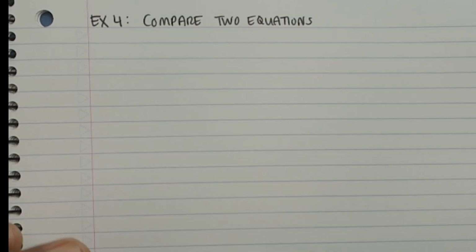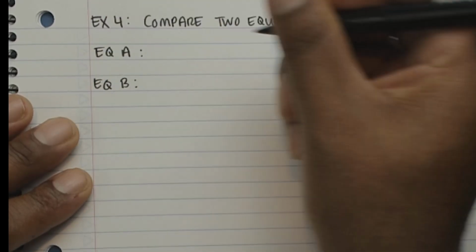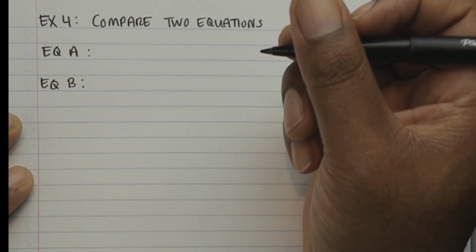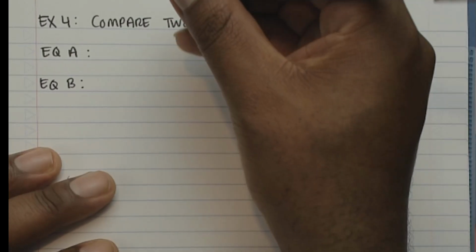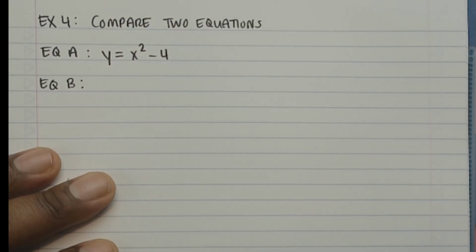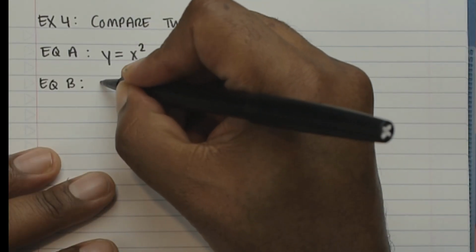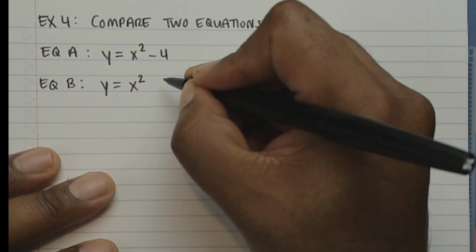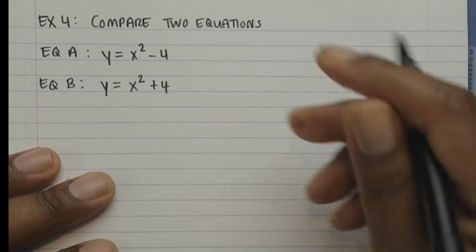When we compare two equations, we'll give it equation A, and we'll call this one equation B. Equation A, we're going to say y equals x squared minus 4. And then for equation B, we're going to say y equals x squared plus 4.